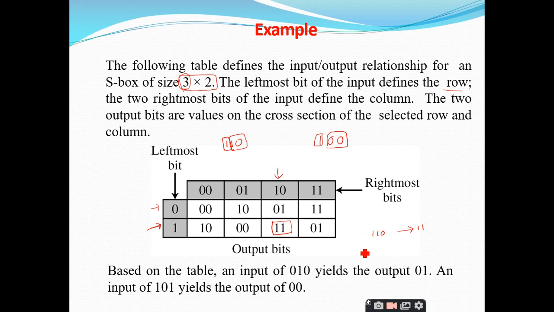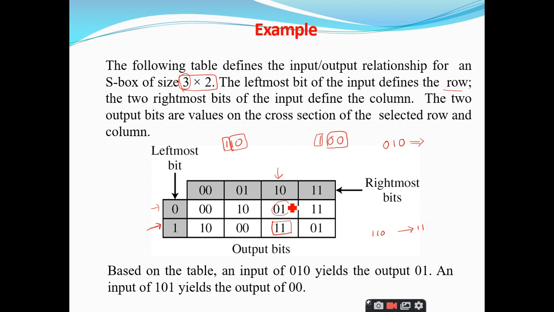Yes, sir. Now tell me what is the output for 0 1 0? What is the output for 0 1 0, by looking at this table? Anybody? 0 1 0.